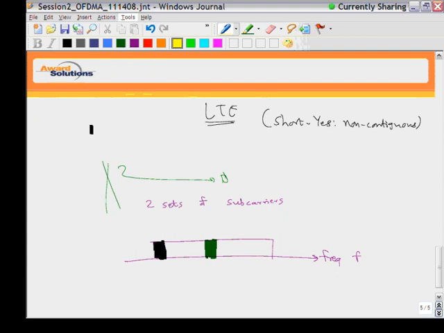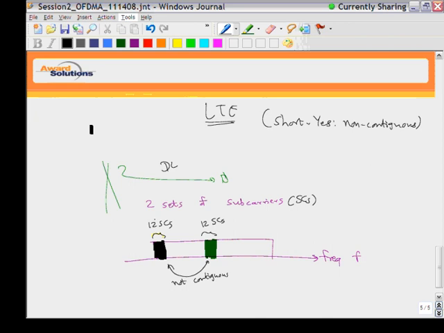So basically this has 12 subcarriers, and then this is another set of 12 subcarriers. So it is possible that as far as the allocation is concerned, one user in the downlink may get two different sets, and in that case they are not contiguous.